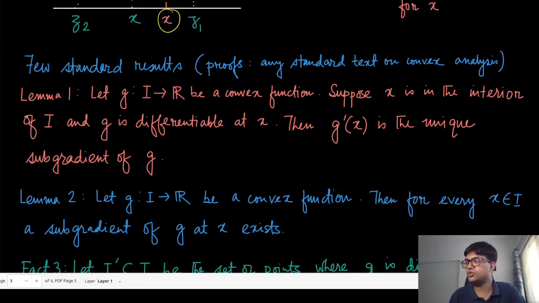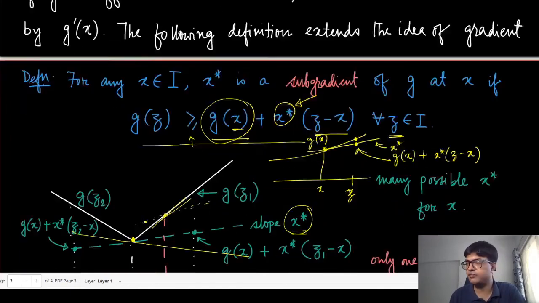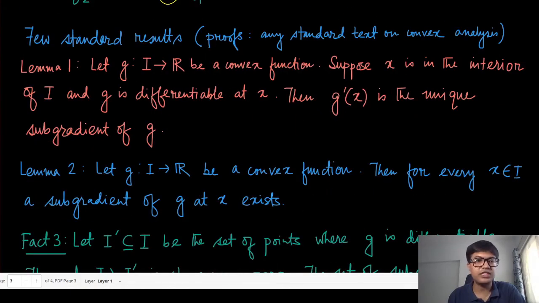All that you need to do is to reuse this inequality for the points above x, let's say x plus epsilon, and also points below x, x minus epsilon prime, and then use the fundamental definition of derivatives. One can show that this x star will be sandwiched between the left derivative and the right derivative, and at the points where it is differentiable, the left and right derivatives are the same, so this x star must be equal to that derivative. That is the proof of this lemma.